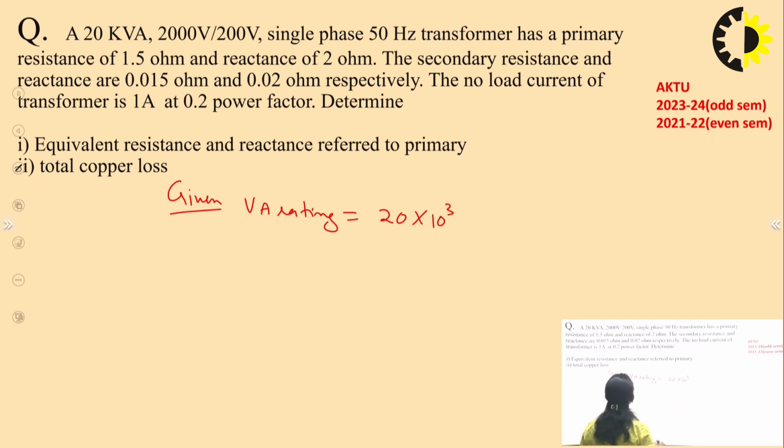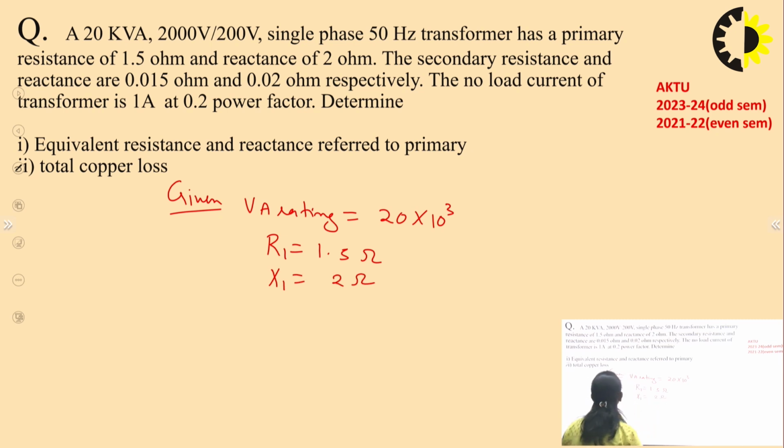Then 2000 volt by 200 volt. This ratio is given, primary to secondary. So 2000 is the primary one and 200 is the secondary one. It is a single phase 50 Hz transformer, has a primary resistance. So primary resistance is given 1.5 ohm and reactance is given 2 ohm, right?